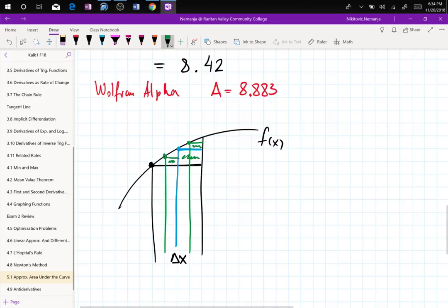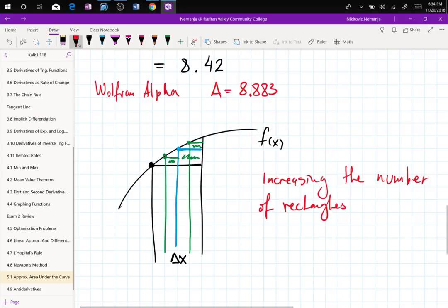So increasing the number of rectangles gives us better approximation.